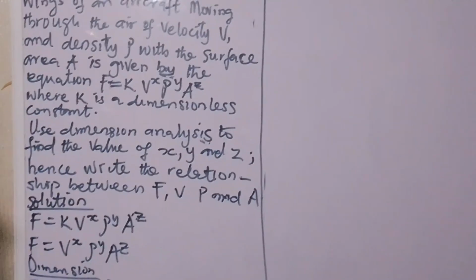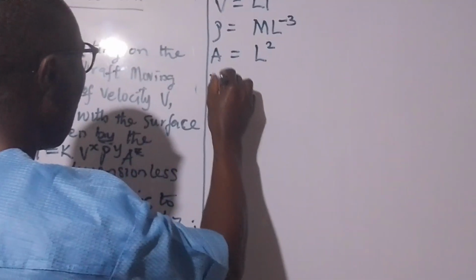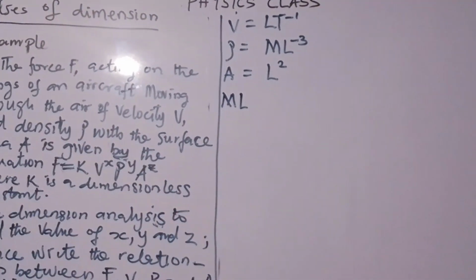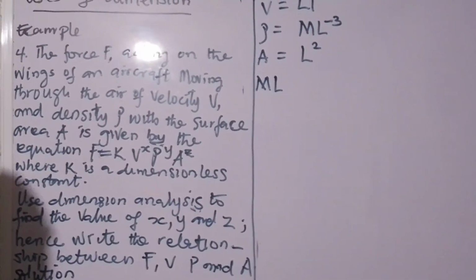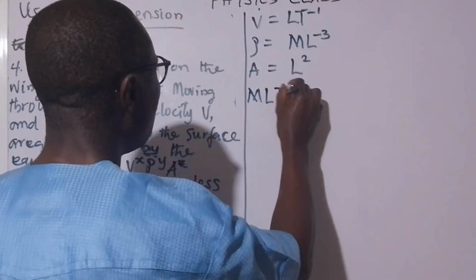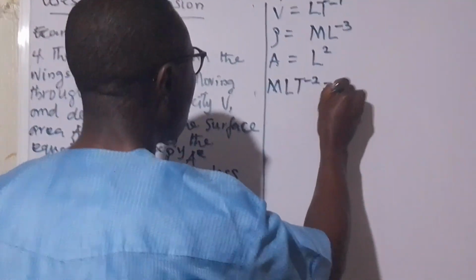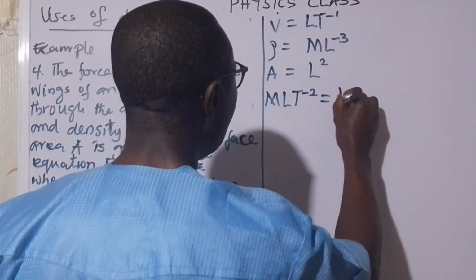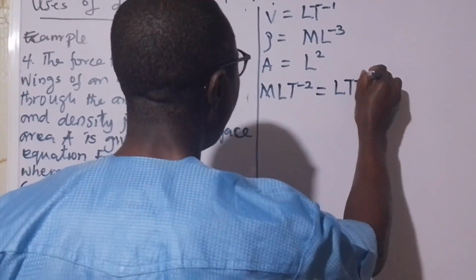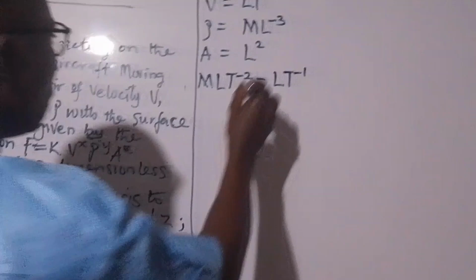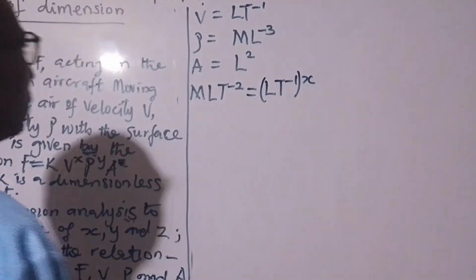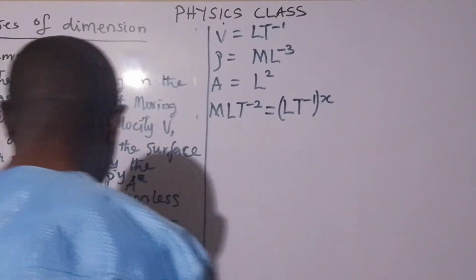Let's combine them together now. That will be M L T raised to power minus 2 for force, equal to velocity L T raised to power minus 1, with this bracket raised to power x, followed by density.